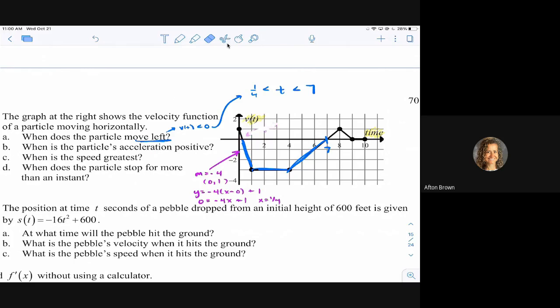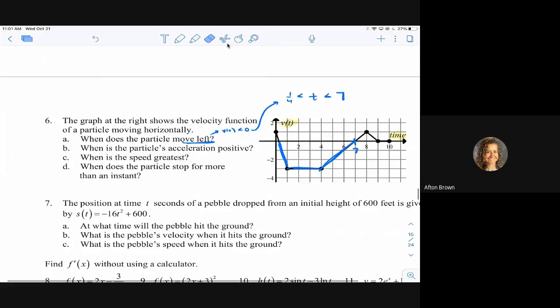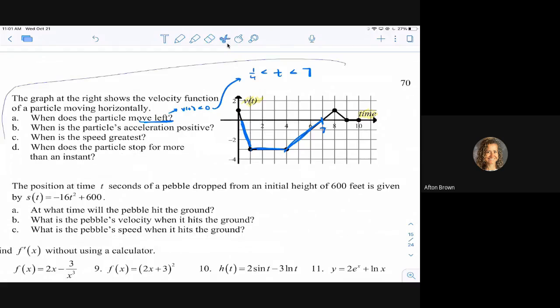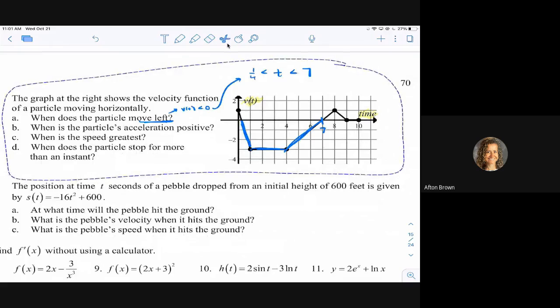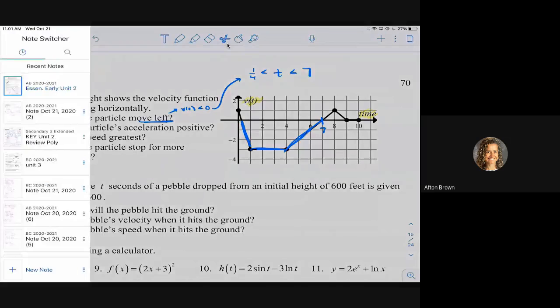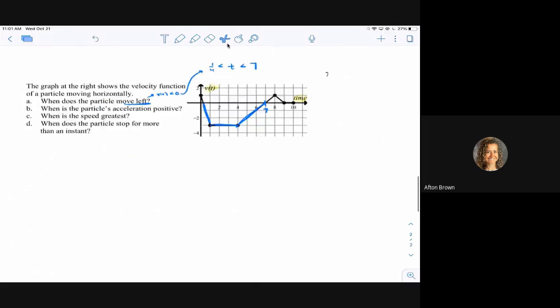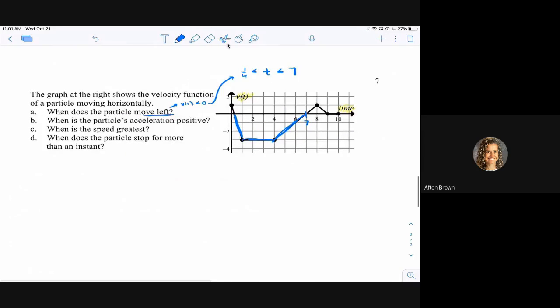Okay, let's do part B. They want positive acceleration. Okay, I just realized I want a lot more space. Okay, positive acceleration. Let's first talk about what is acceleration. How have we defined acceleration?